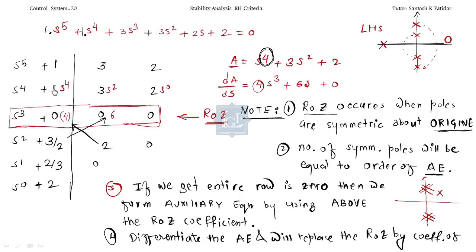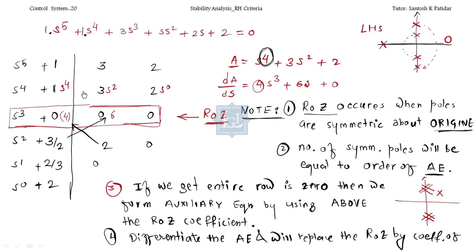Then we differentiate the auxiliary equation and replace the row of 0. This entire row we now replace by the coefficients of the differentiated auxiliary equation.